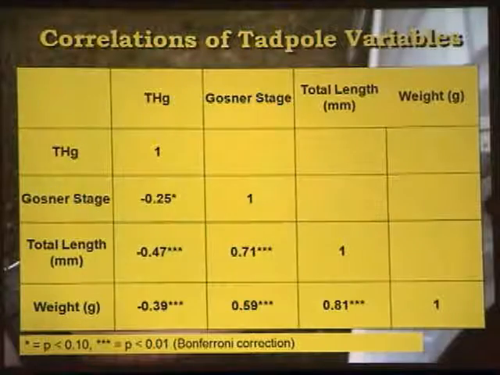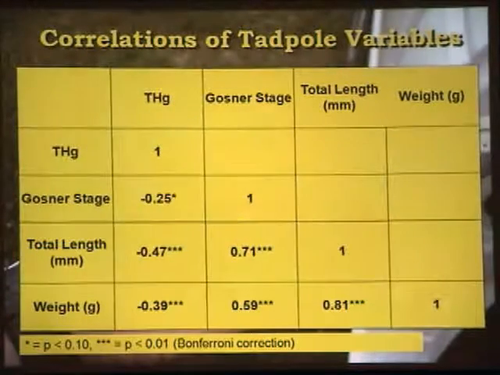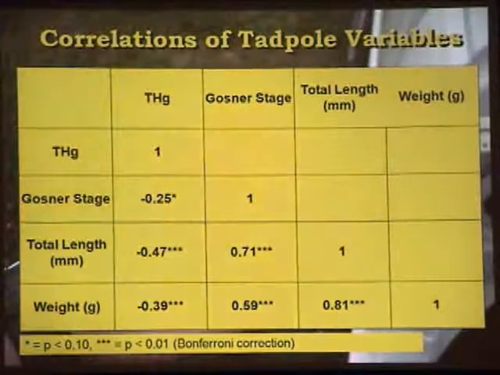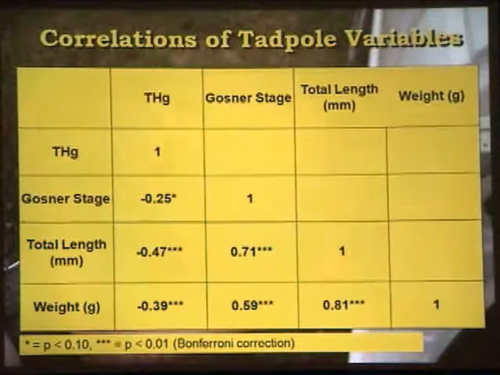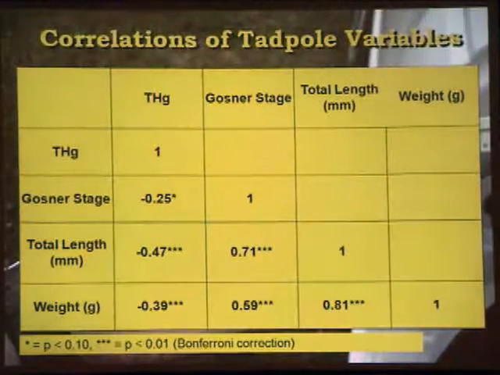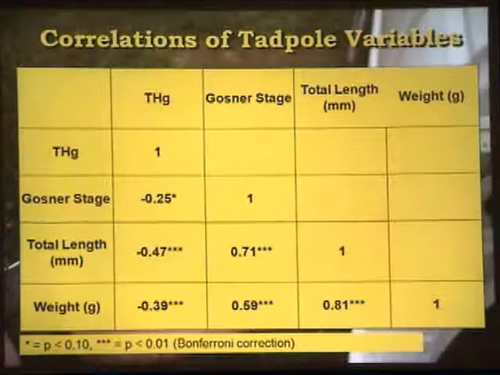We would think that as the tadpole got bigger, the mercury concentrations would also increase. It may have something to do with the changing of the feeding habits of the tadpoles over time. But it was interesting that the highest mercury concentrations occurred in our smaller tadpoles rather than the larger tadpoles we were looking at.